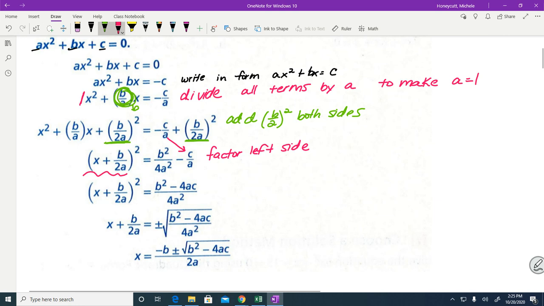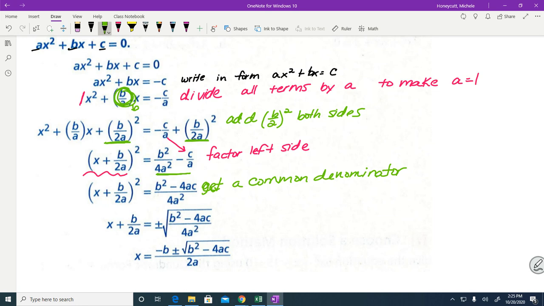Then what they did here is they combined these two fractions to get a common denominator. And don't worry too much about how they did that. You just need to be able to watch this and see what's happening. They got a common denominator.